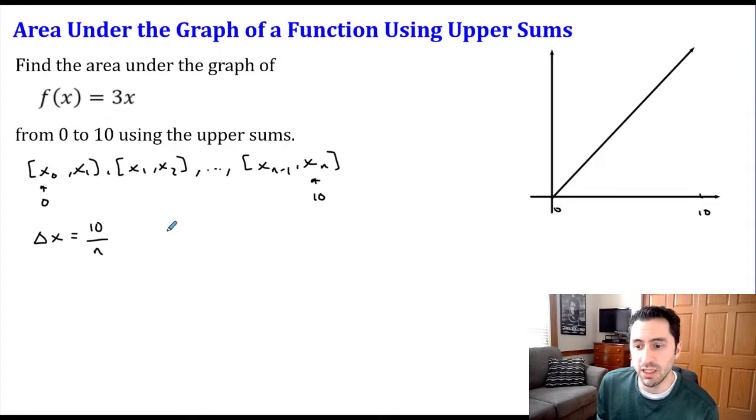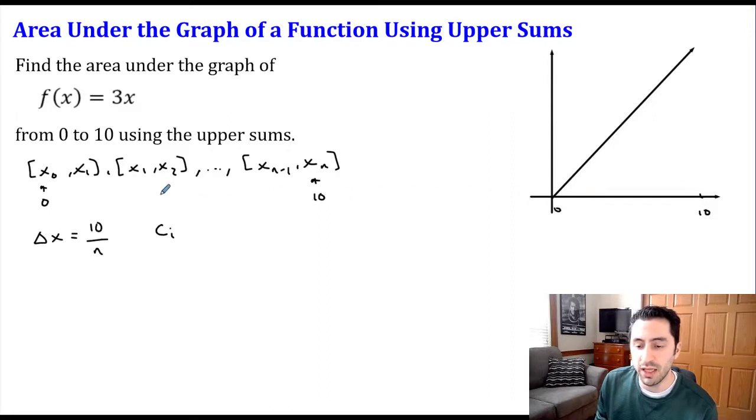The second thing we need is the height of each rectangle. And to start, we're going to think about where the x value is for each of those heights. Now, we are going to be using the upper sums, which means that we want to use the absolute maximum value within each subinterval. If I take a look at this line, that line is increasing everywhere within this interval.